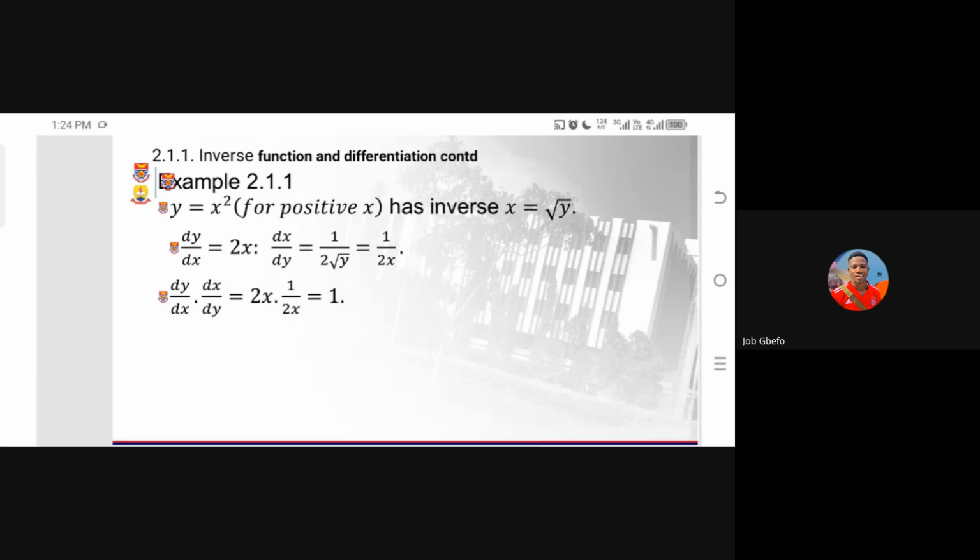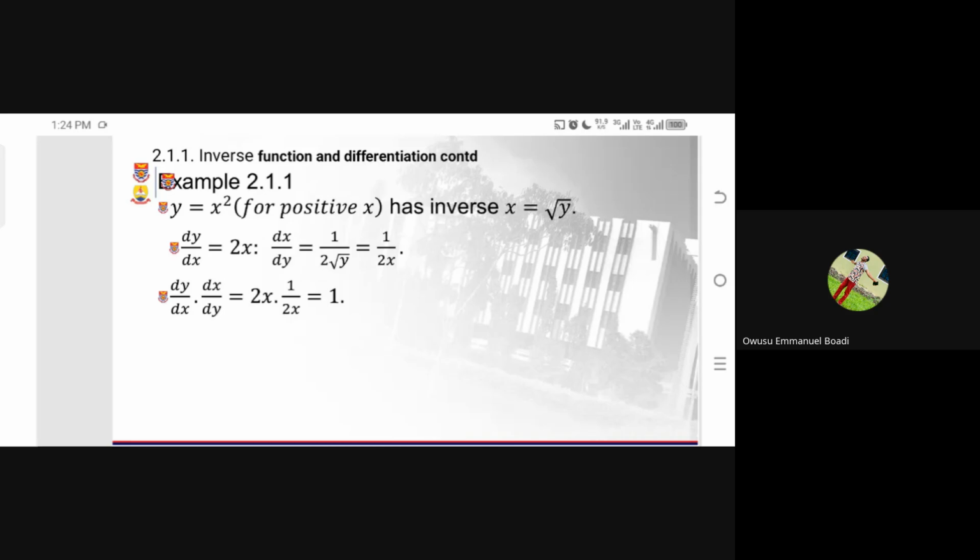Madam, the answer is the square root of x. x is equal to what? x is equal to the square root of y. Okay. So now we have y equals x squared. Let's find dy dx.